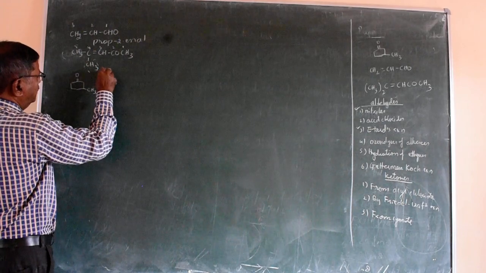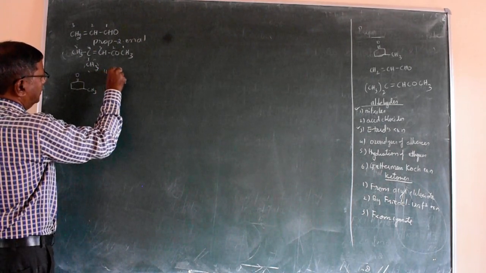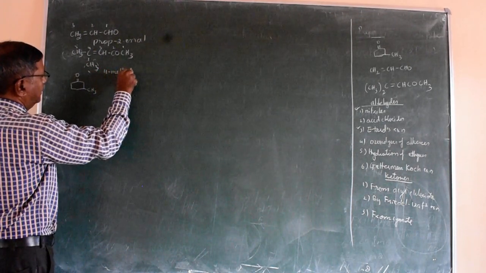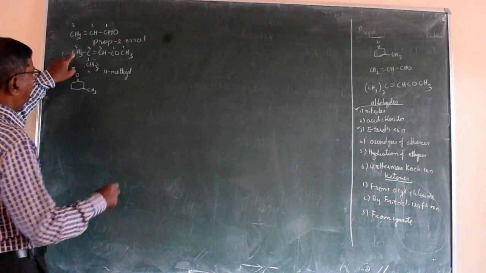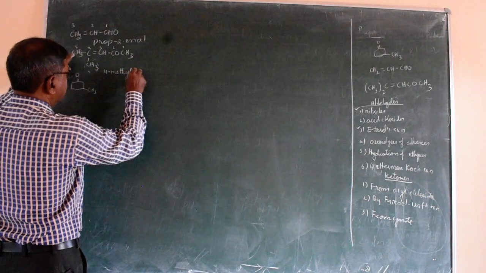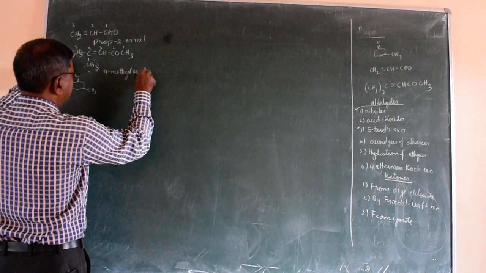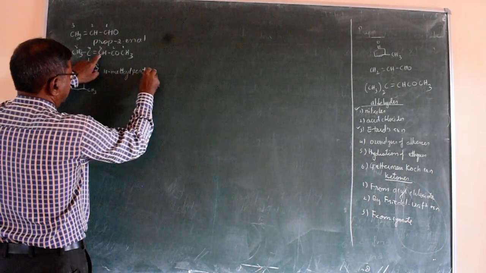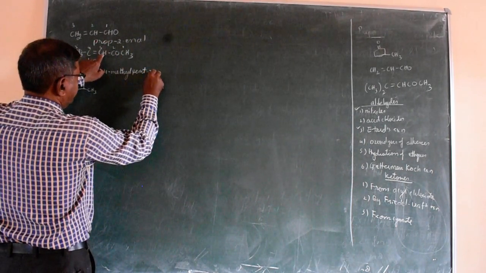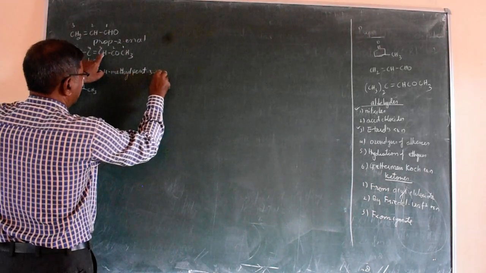So it is 4-methyl. On the fourth carbon we have a methyl group. The number of carbon atoms in the long chain is 5, so it is pent. Then on the third carbon we have a double bond, so it is pent-3-en.